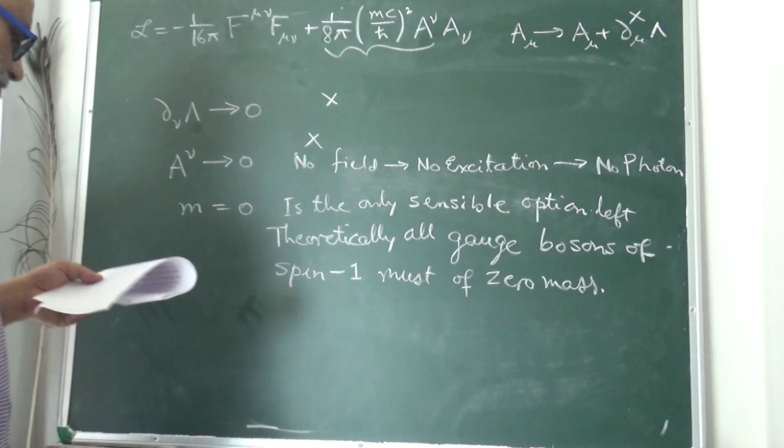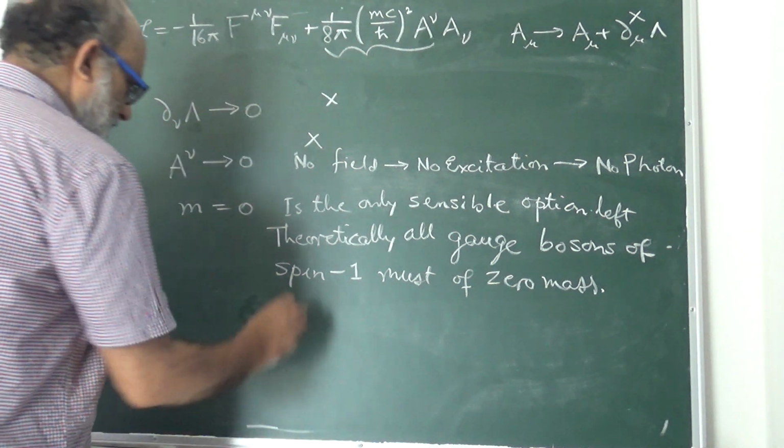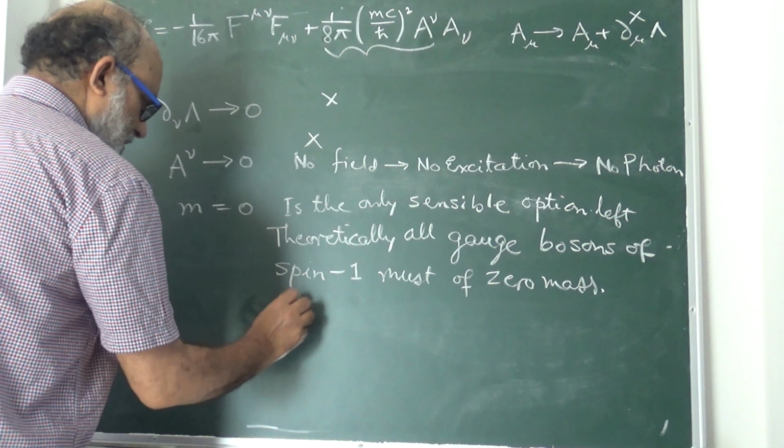That is why the mass of the photon at rest is assumed to be 0.